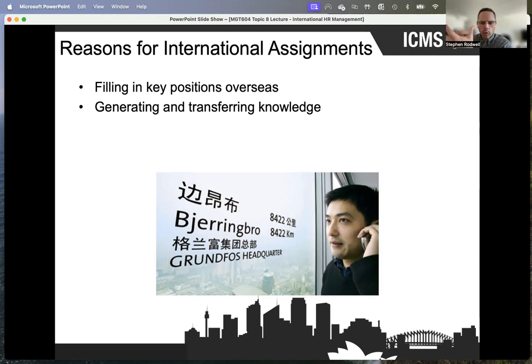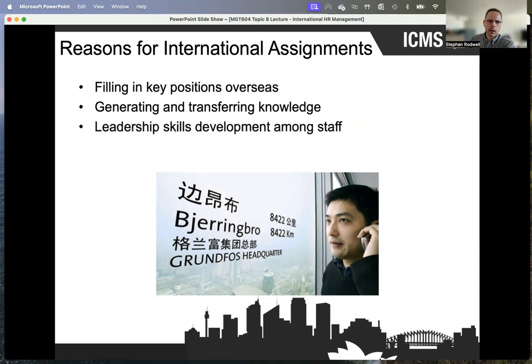We may want people in our head office to understand how overseas offices function and run, to be able to manage better. We might want to bring in some really skilled talent from somewhere else to go work in those offices. So there's all sorts of options available to us, which just increase the ability for us to be more strategic, to achieve better outcomes in our international human resource management.